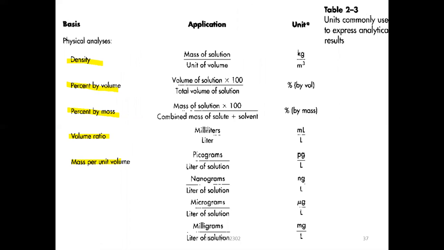I hope you may refer to the textbook, but for your exam, no need to refer to the whole book. You can just refer to our lecture notes, but for your knowledge and additional information, you should refer to that textbook.